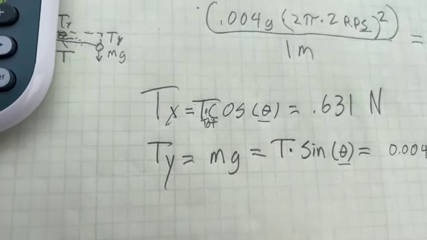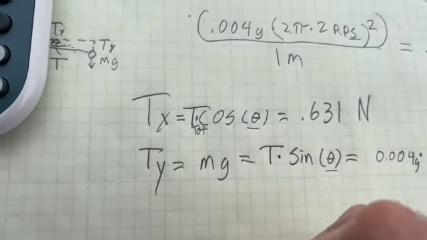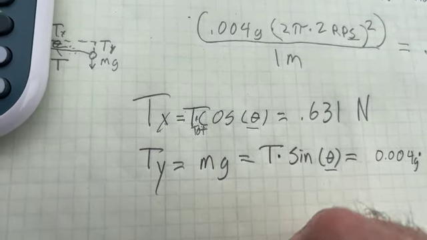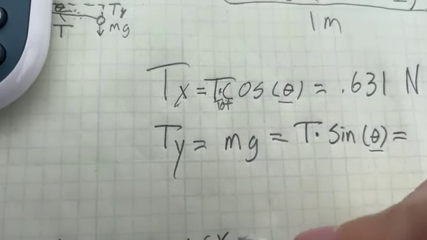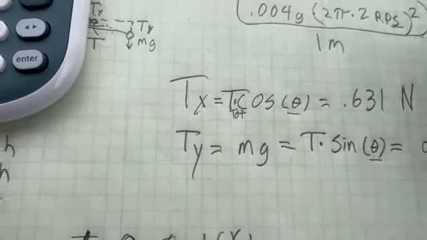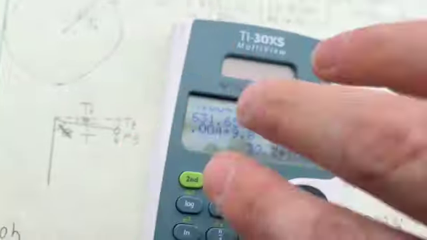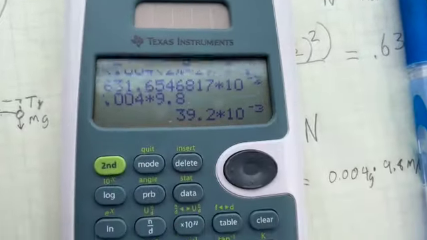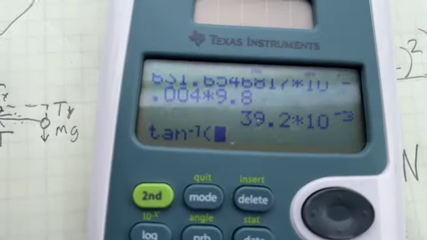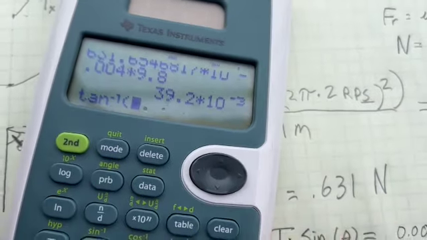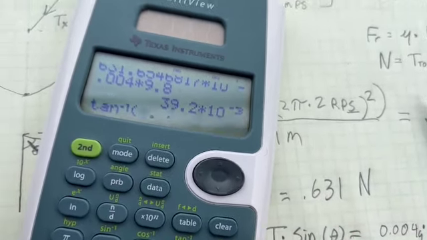Inverse tangent of y over x. All right, so here comes our moment of truth. So I have to hit the second button here, and the tangent function will give us a tan inverse. Now we can just plug in these numbers, right?